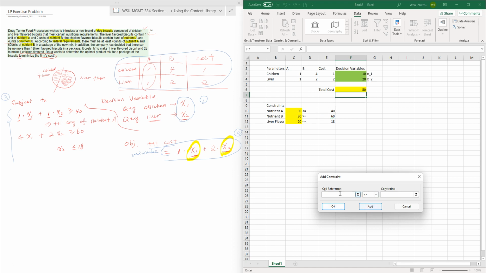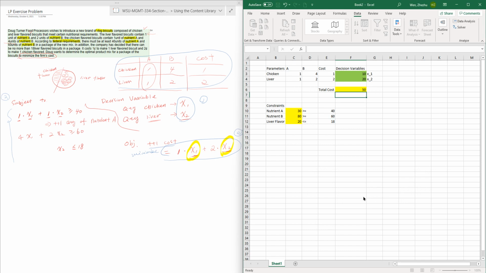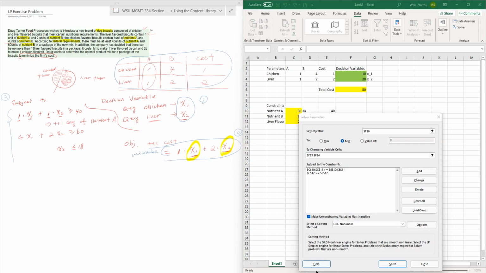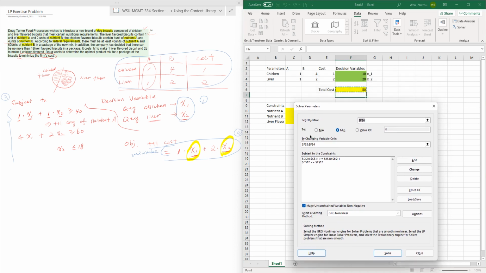Add. The second constraint here is the liver flavor. So this should be less than or equal to 18, which is correct. So I click OK. I believe I have everything that I need to search the decision variables.